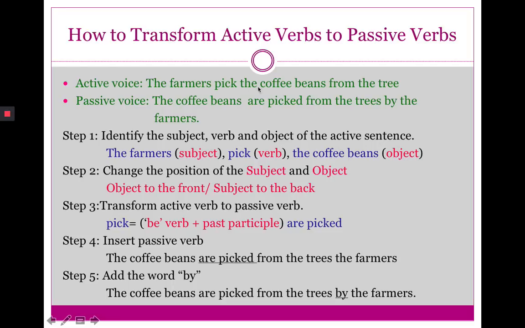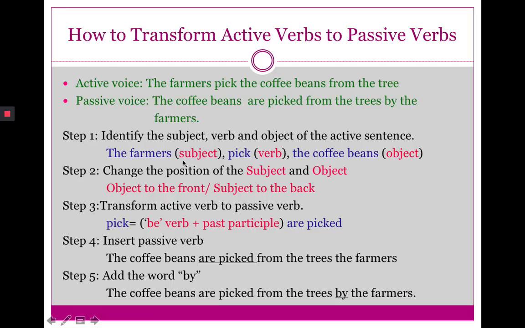Okay, identify them. You know, an active sentence always starts with the subject, right? So the farmers are the subject. Pick is the verb. Okay, pick, you pick something. So that is the verb. The coffee beans are the object. Okay, subject, verb, object. So for active sentences, it's always that particular form.